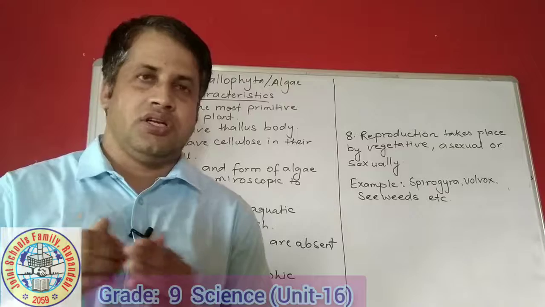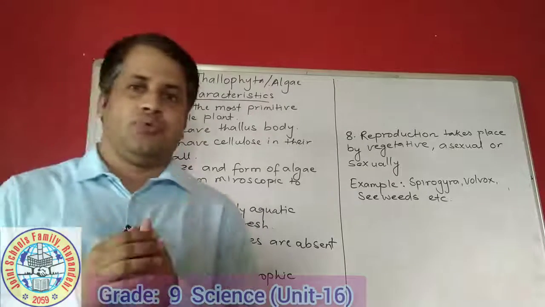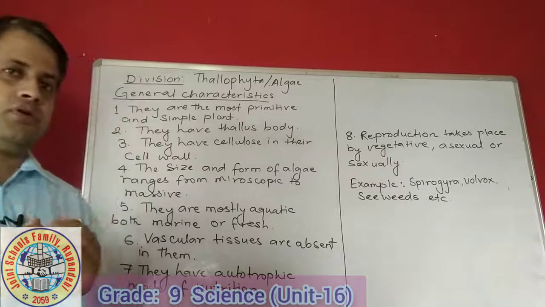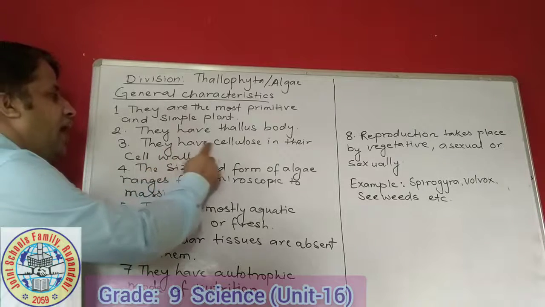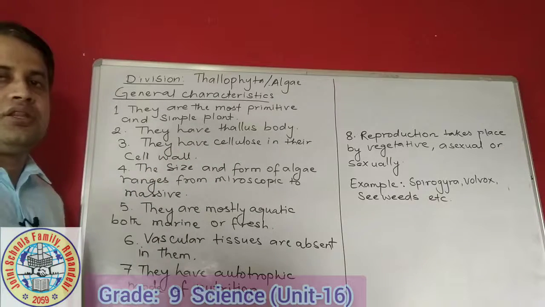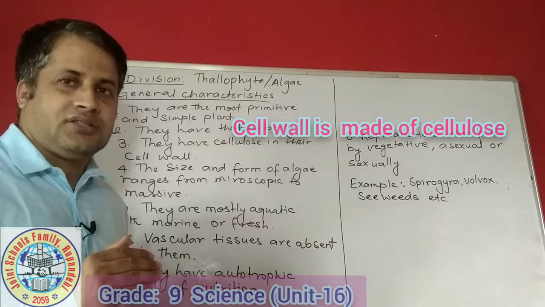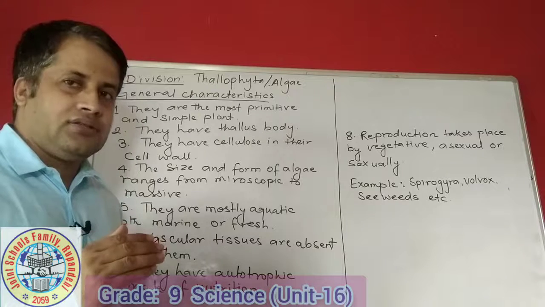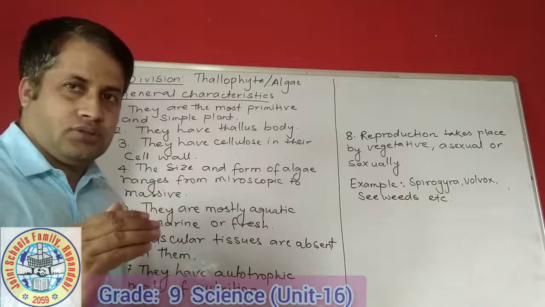We will discuss that later. Another characteristic is that they have cellulose in their cell wall. Since they are plants, they have a cell wall made up of a sugar called cellulose.